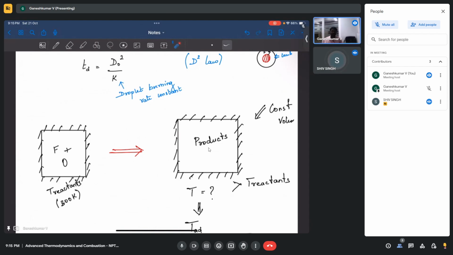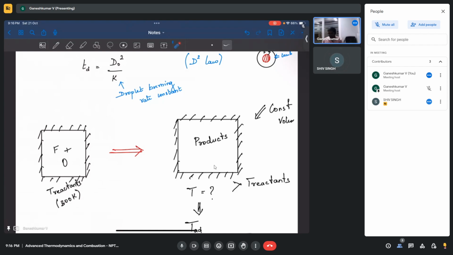I'm not sure whether you can get it in PDF, but I think you can visit the library and they should have Stephen R. Turns. Either you can visit the library, or if they don't have it, you can ask them to buy a Stephen R. Turns. Or your supervisor might also have Stephen R. Turns, so you can ask him also.